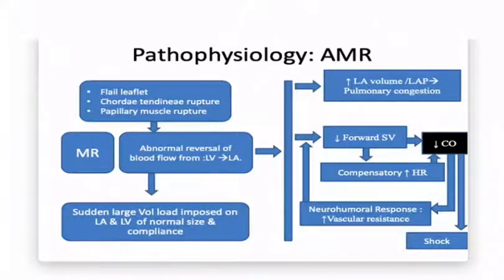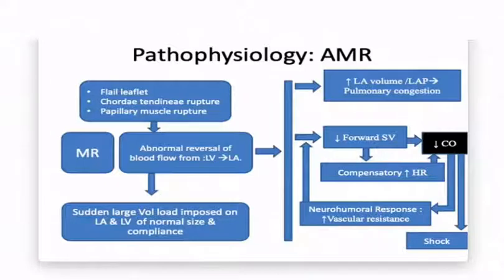There is an abnormal increase in the LA pressures, which can lead to pulmonary venous hypertension and pulmonary congestion. So the patient will end up in pulmonary edema, as the effective forward stroke volume is also reduced. To maintain cardiac output, there is an increase in heart rate and an increased neurohumoral response.